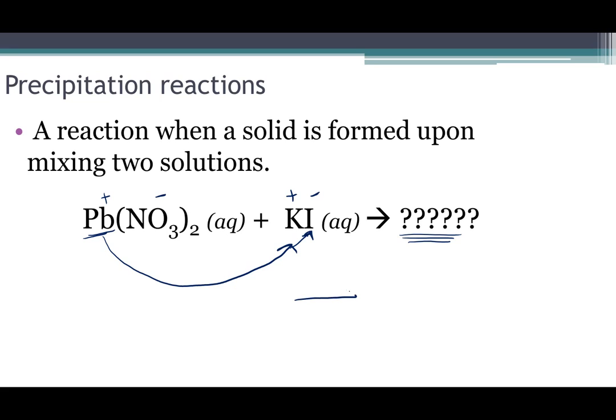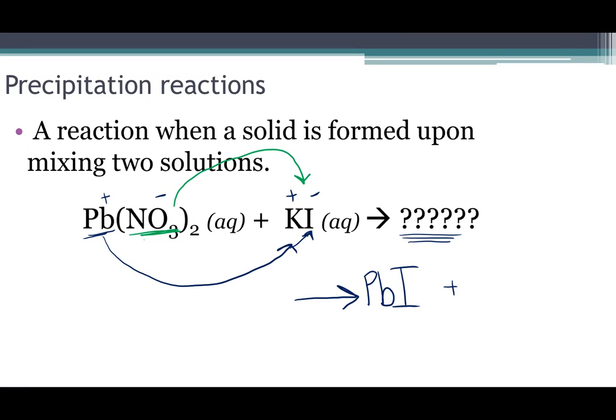So that would be our first product, lead and iodine would come together. And then the other guy here is nitrate. If nitrate wants to find a new partner, he would come over here. Would it make sense for nitrate and iodine to come together?